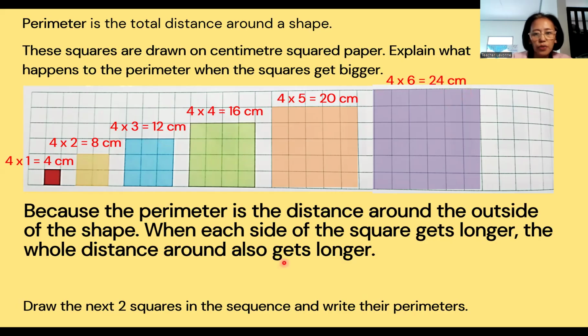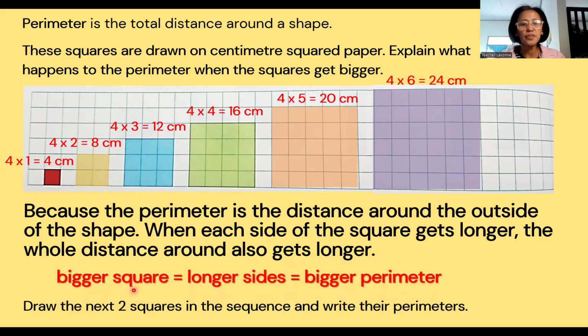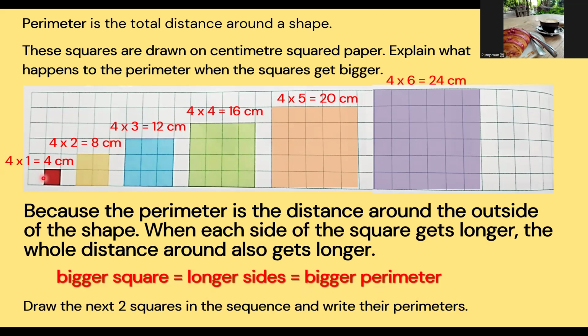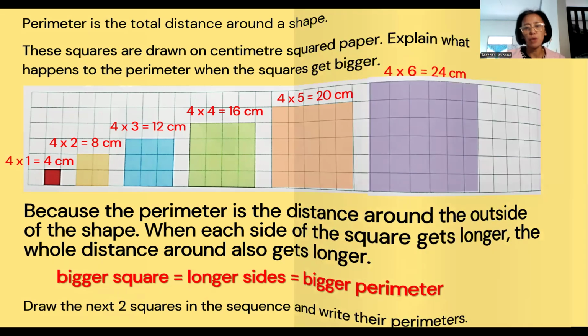So the distance also gets longer. In other words, bigger square, longer sides equals bigger perimeter. Smaller square, shorter sides and what? Smaller perimeter. So the measurement also is small.